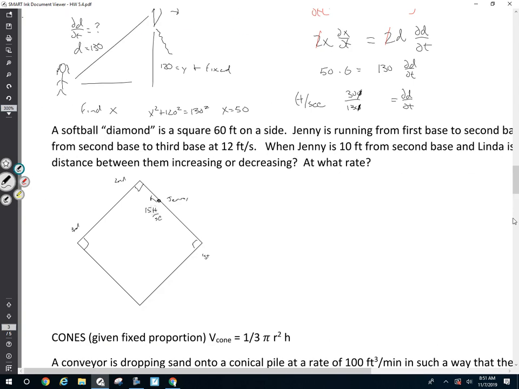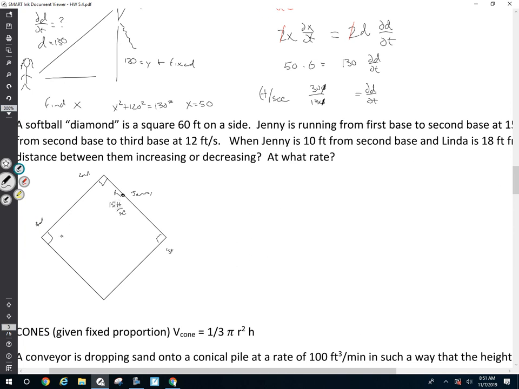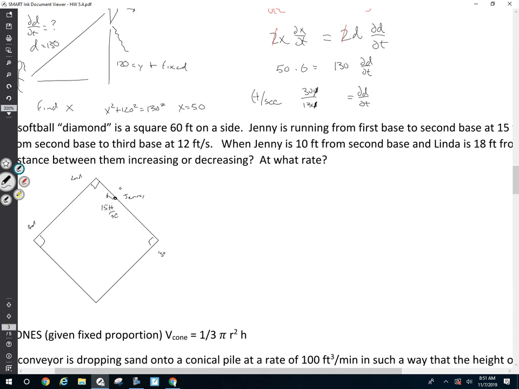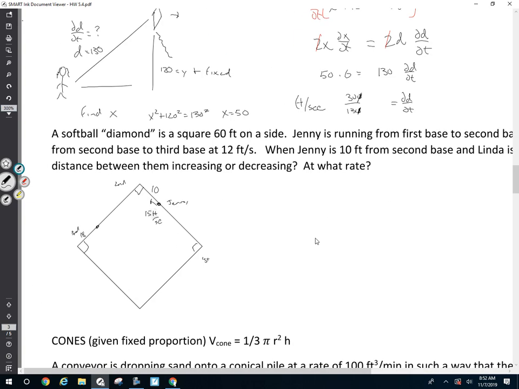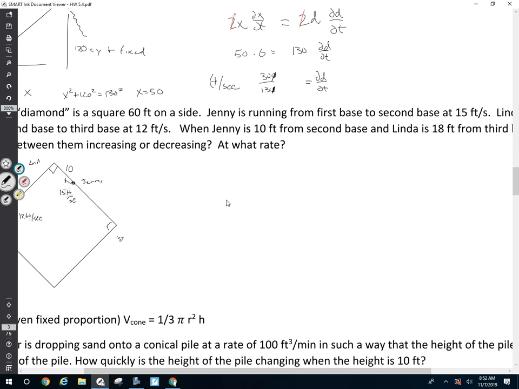Linda, running from second to third, is going to be 18 feet from third, and she is running at 12 feet per second. Is the distance between them increasing or decreasing, and at what rate?